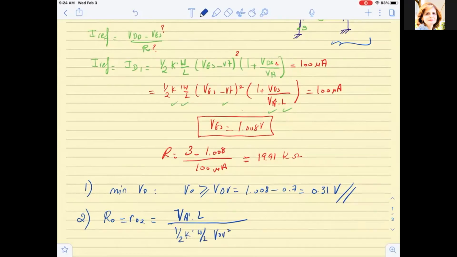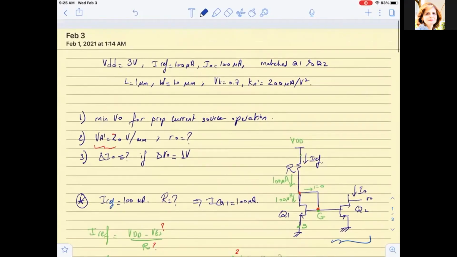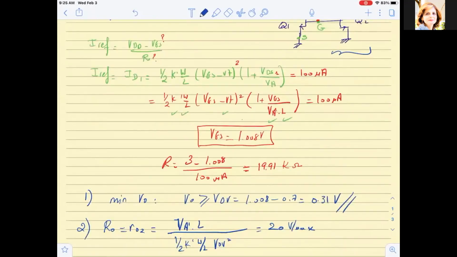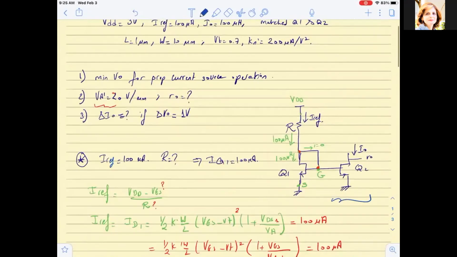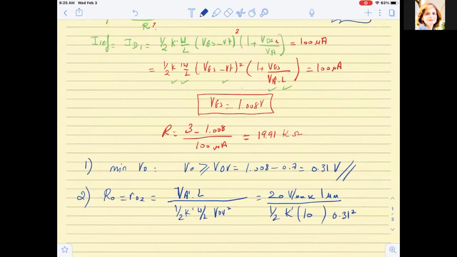I have all of these quantities: VA prime is 20 volts per micrometer, L is given as 1 micrometer, and W by L is given here as 10 over 1, so this is 10, and VOV square we just calculated. We end up finding that the output resistance RO is 208 kilo ohms. It's clear, we just applied the equation.